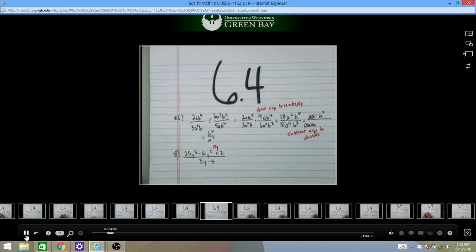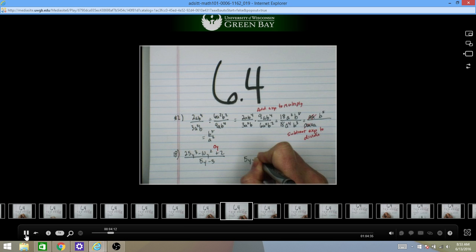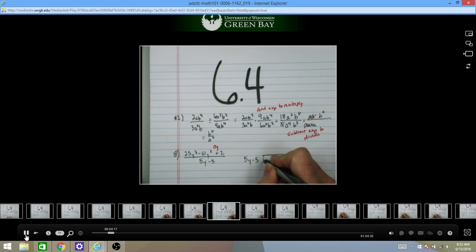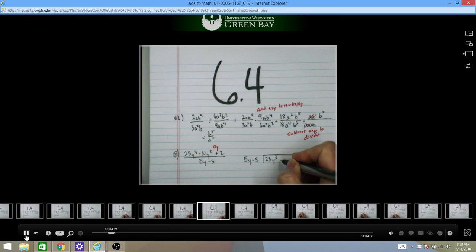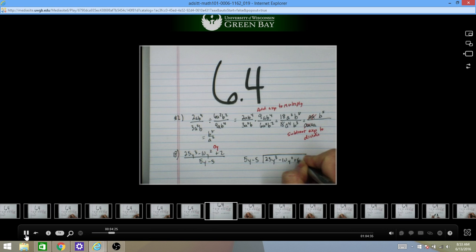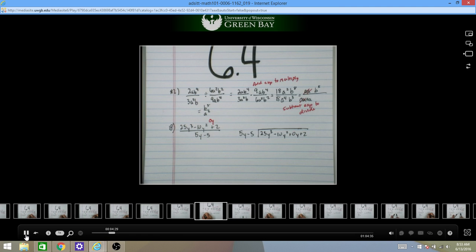So we'll put the 5y minus 5 here, 25y cubed minus 10y squared plus 0y plus 2. And then off to the side, we do the division, 25y cubed divided by 5y.